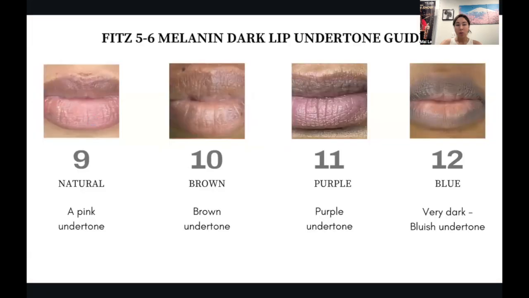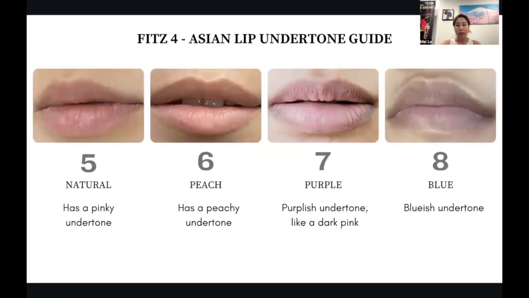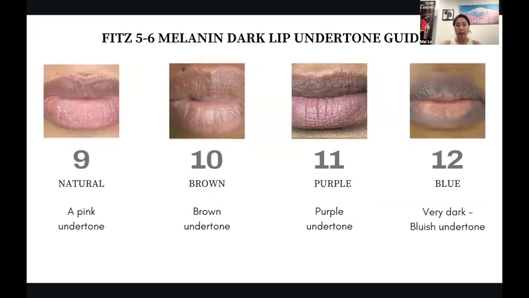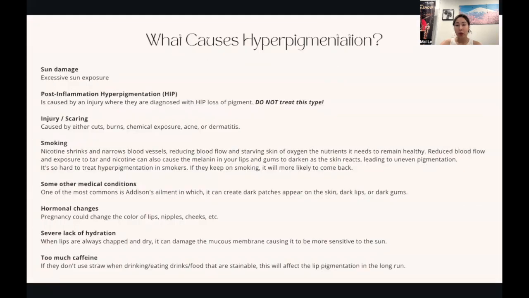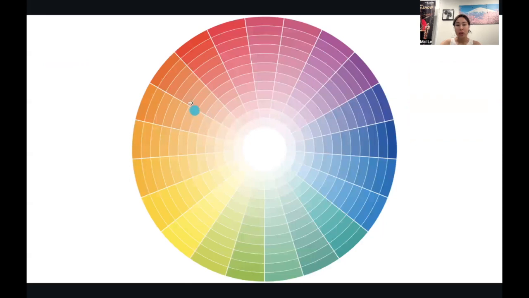If you are working on, let's say, these lips right here, okay? The top is so dark versus the bottom, okay? So the top, because it's purple, you're gonna need to target it with like a yellow orange, something like here or like here, okay?